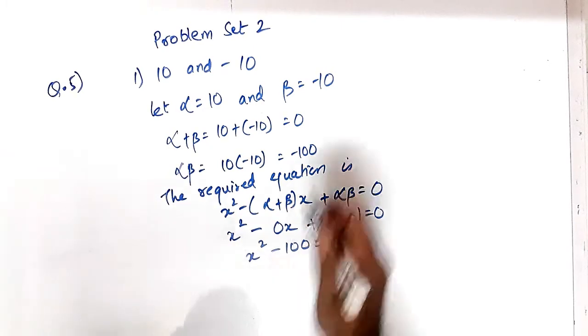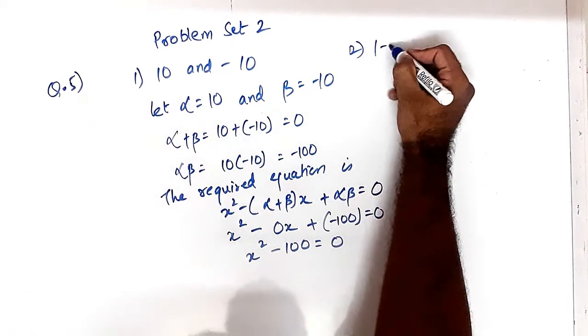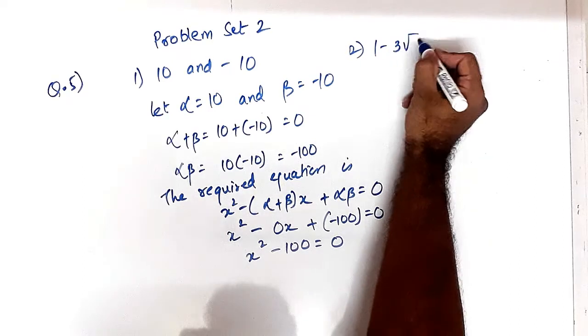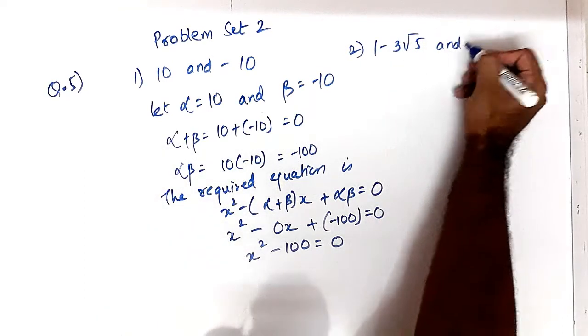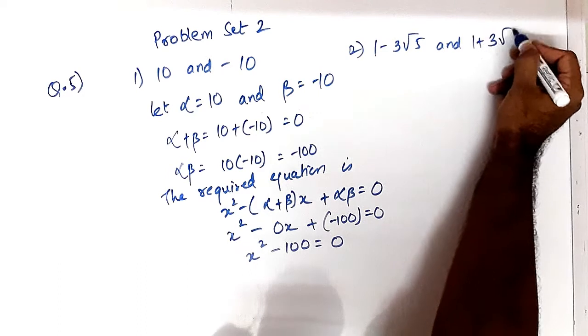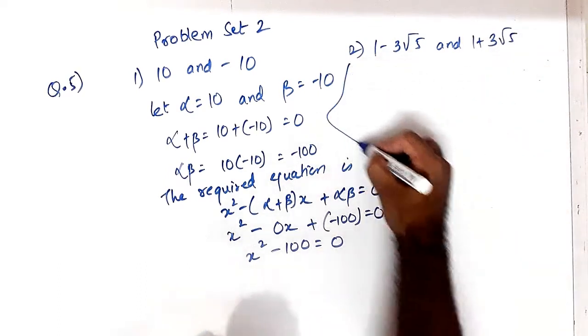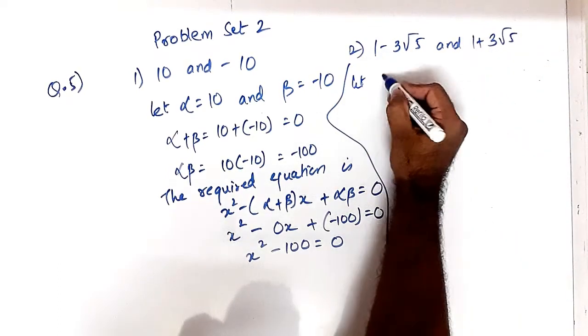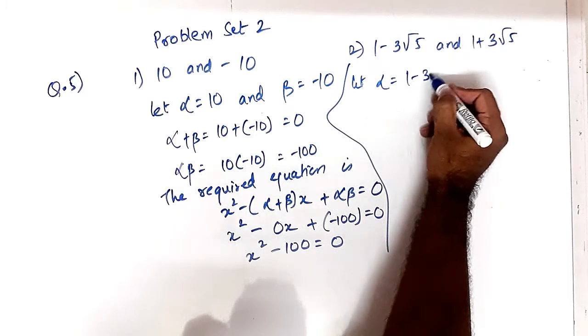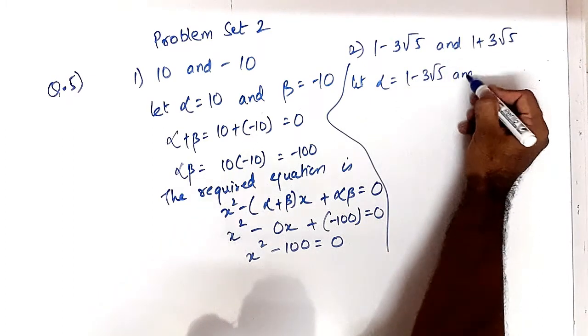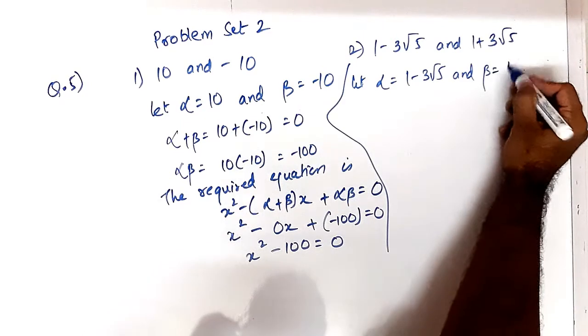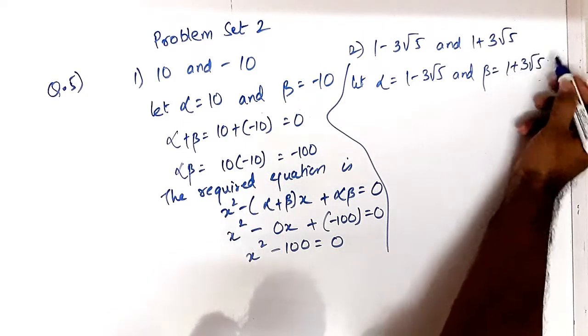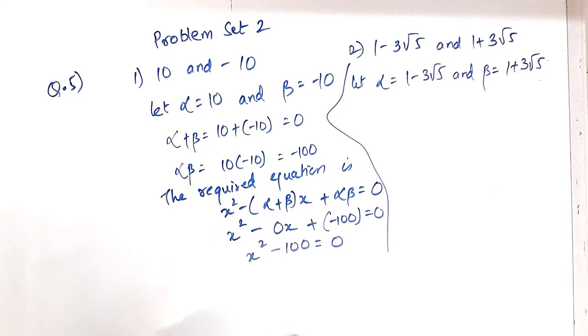Let us come on to the second one. The second one is 1 minus 3 root 5 and 1 plus 3 root 5. Same steps. Let alpha equal 1 minus 3 root 5 and beta equal the second one, 1 plus 3 root 5.